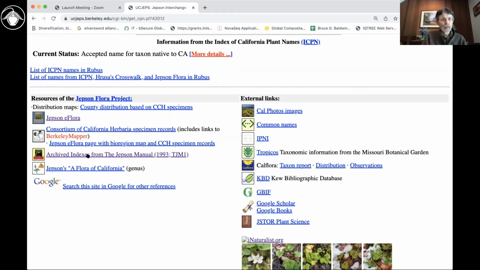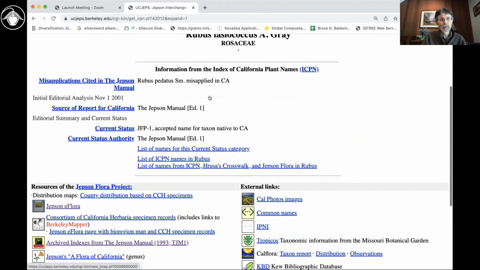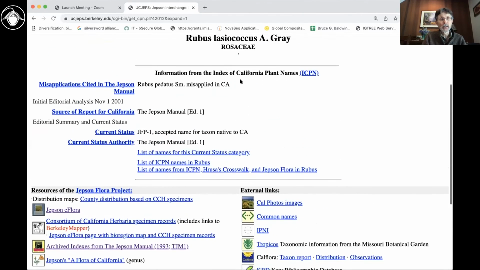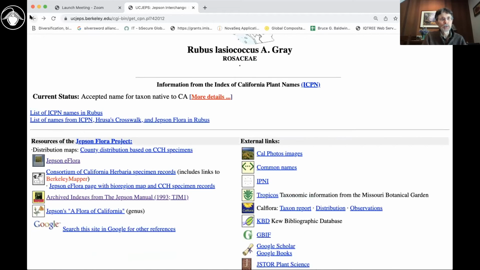And Jepson's own description of that species from his unfinished Flora of California, and any other resources here, and then external links to other external resources outside the Jepson eFlora for that particular species, linking you directly to that species entry there. If you want to learn about the nomenclatural and taxonomic history of that plant, there might be notes here under more info for the Index of California Plant Names, which is a Jepson resource.